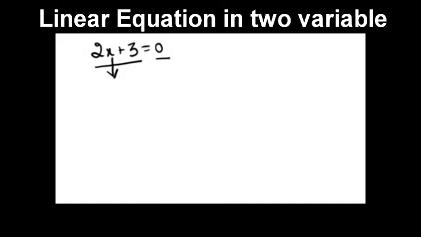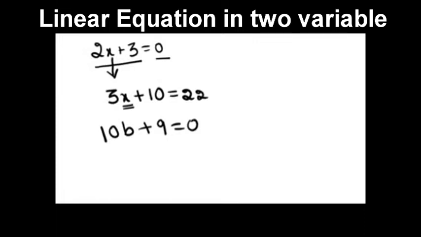And I will take one more equation, 3x plus 10 is equal to 22. Here also the variable is x and only one variable in this whole equation. You can consider even different letters, for example 10b plus 9 equal to 0.